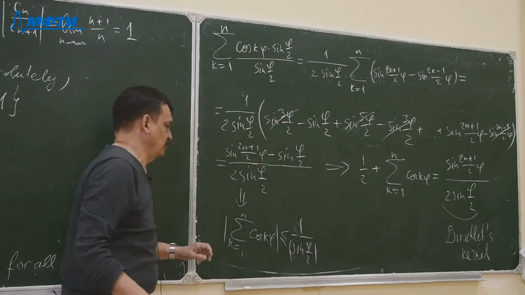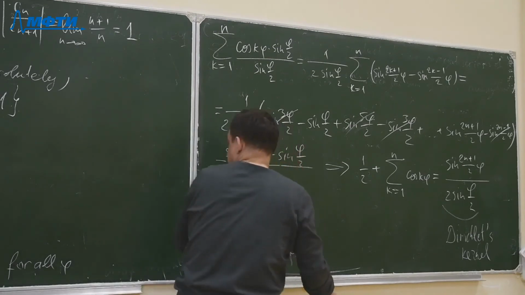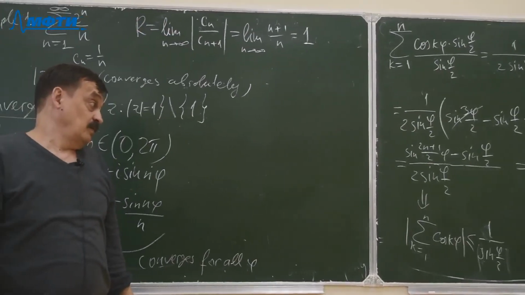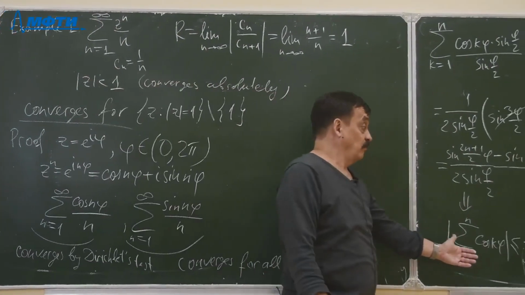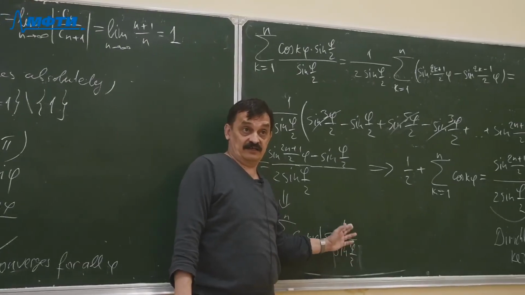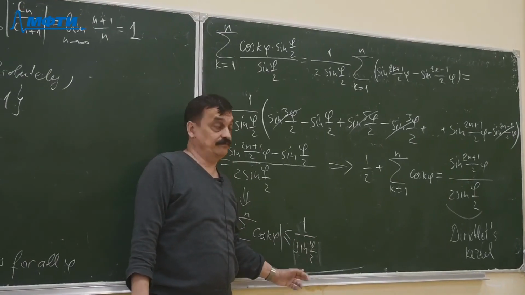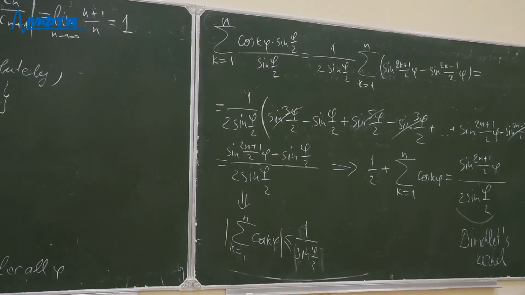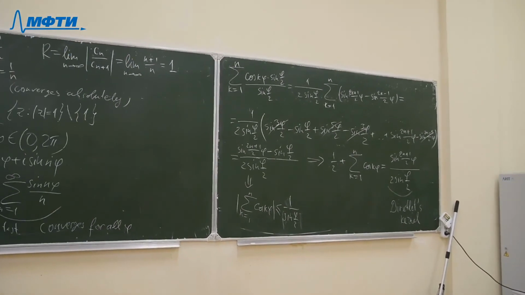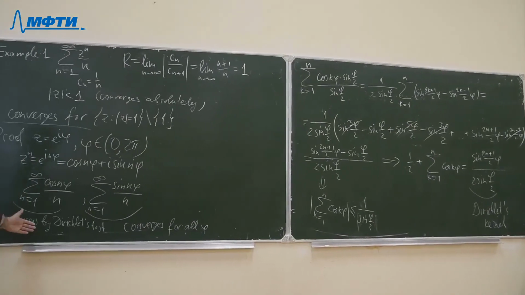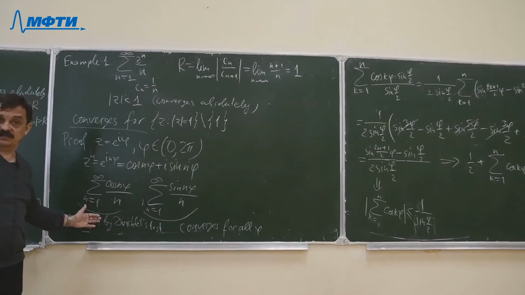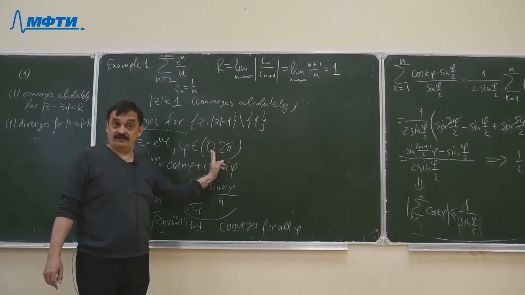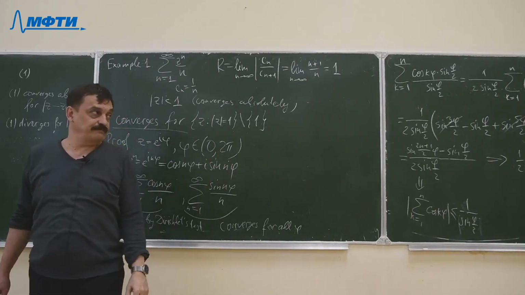Phi is between 0 and 2 pi, so it's positive, right? So for arbitrary fixed phi, that is bounded, right? And of course, 1 over n is monotone and tends to 0, hence the Dirichlet test indeed gives us convergence for arbitrary phi strictly between 0 and 2 pi.